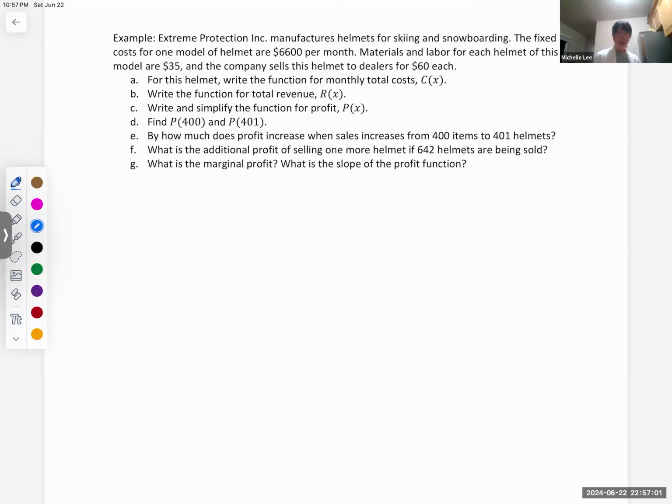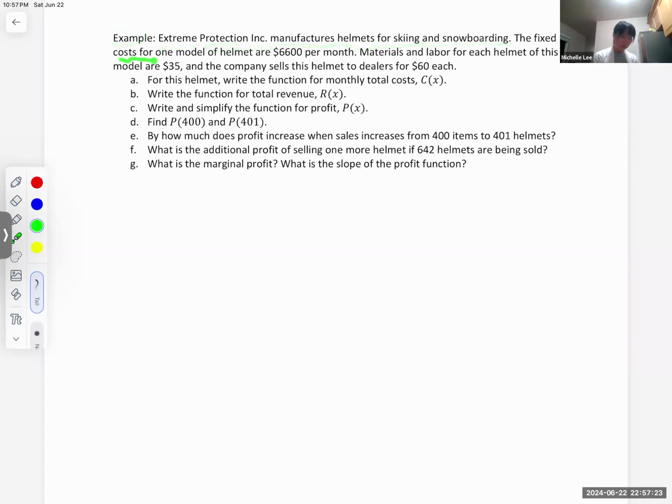Okay, previously we did a profit, which is equal to revenue minus cost function, right? Let's read this one. Example, Extreme Protection manufactures helmets for skiing and snowboarding.